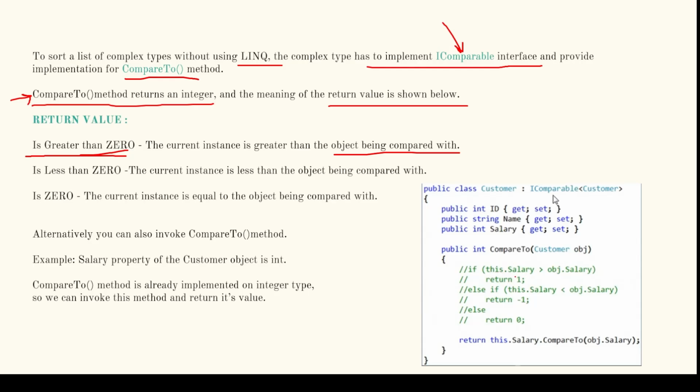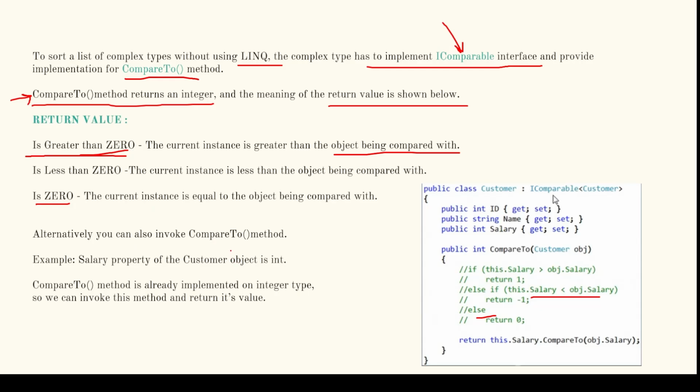If the current object's salary is greater, then we return 1. Similarly, if we return less than 0, it means the object is less than the other object. And if you return 0, it means the objects are equal, meaning the salaries are equal.